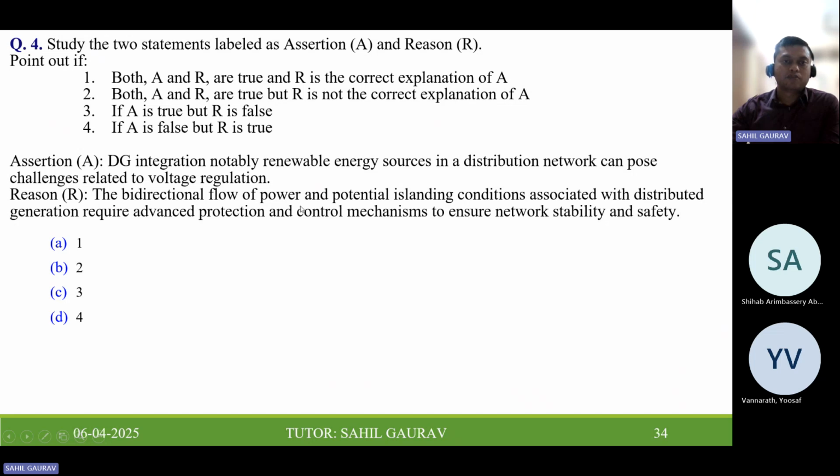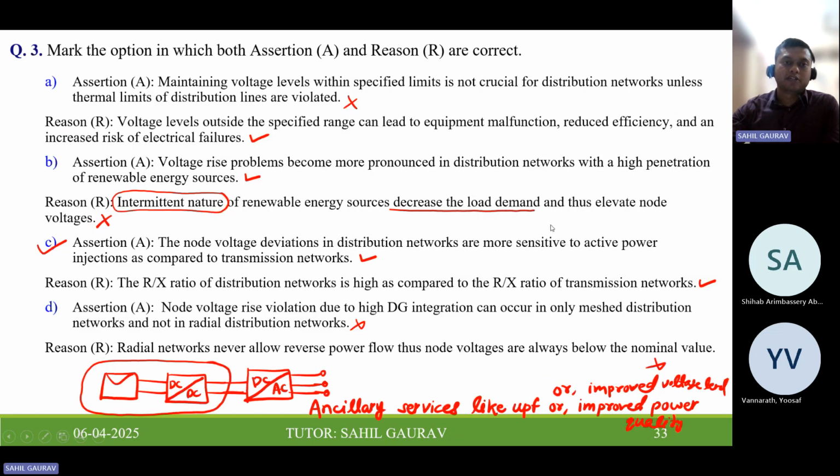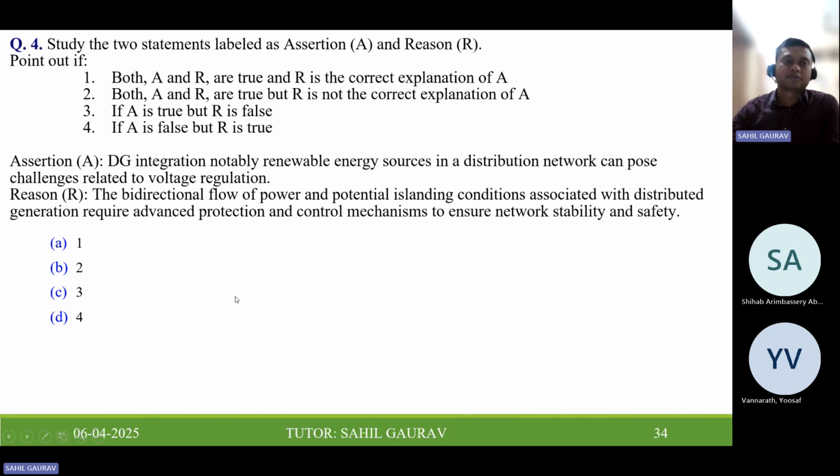Reason: the bidirectional flow of power and potential islanding conditions associated with distributed generation require advanced protection and control mechanisms to ensure network stability and safety. For the last problem, go through all the statements, and if one of them is most accurate, then pick that one.